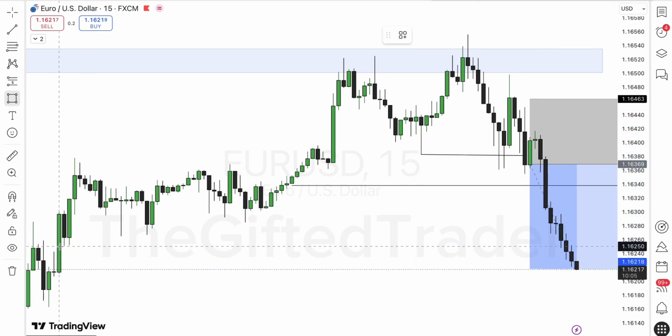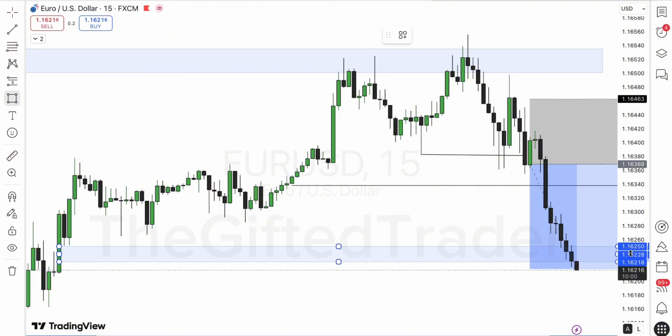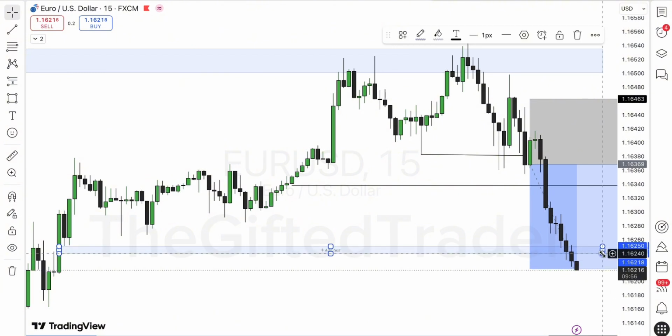Your eyes have to be sharp seeing these fair value gaps because that is where the market is most likely going. There are many other places that price sees as an attraction. Now, a fair value gap is seen as an attraction. In most cases, once it attracts, it bounces off or it crosses by.